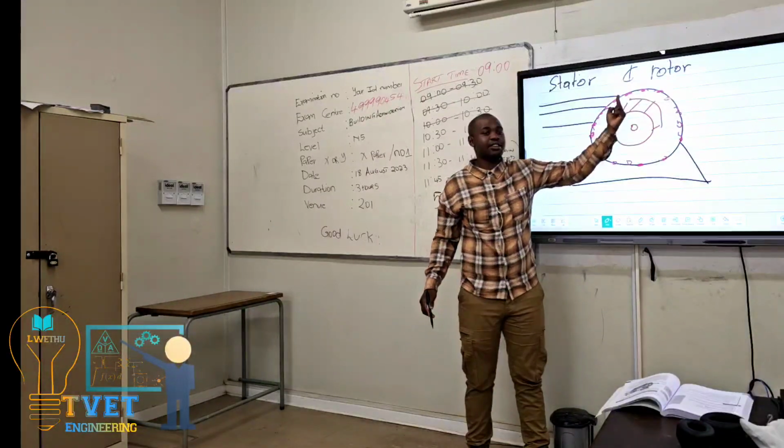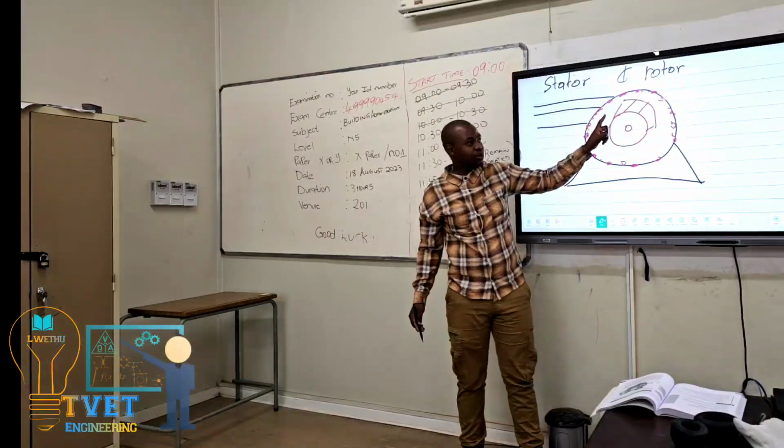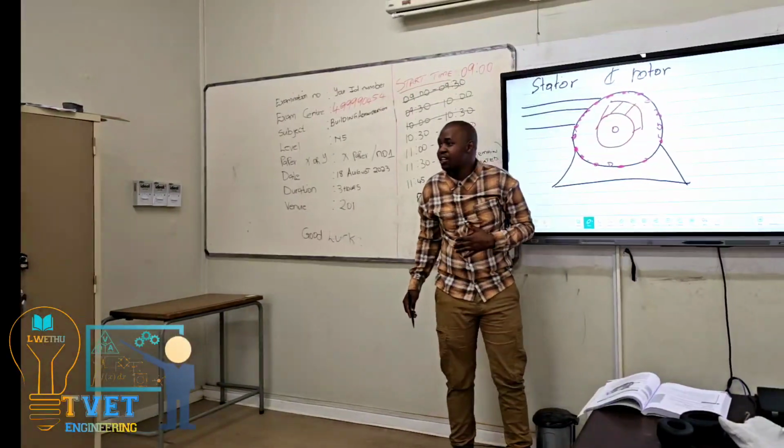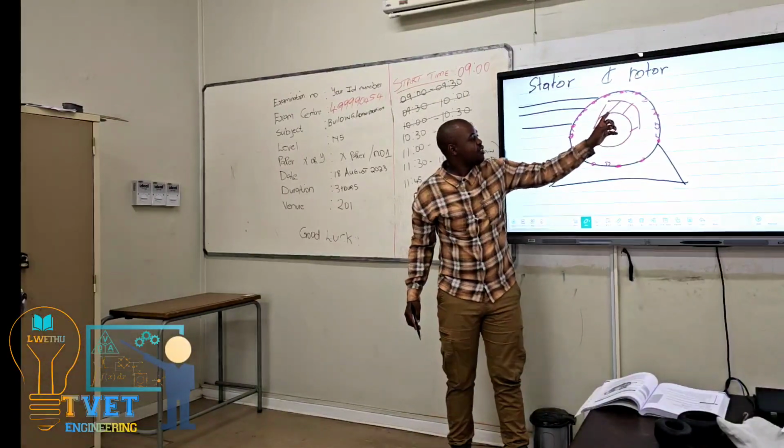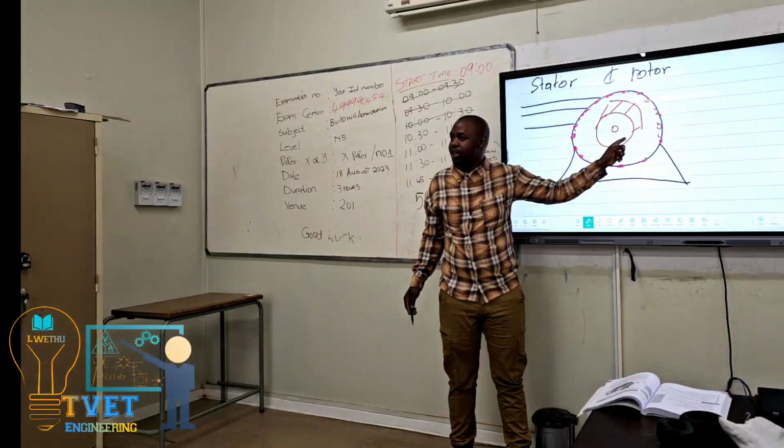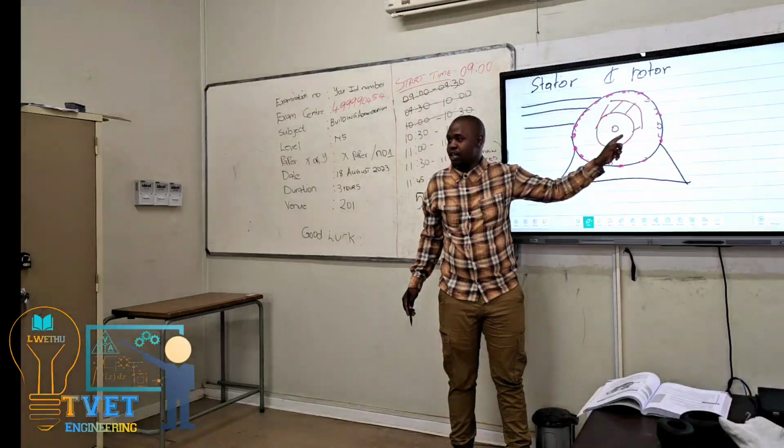If a magnetic field cuts a conductor, we know we generate EMF. So EMF is being induced in the rotor.